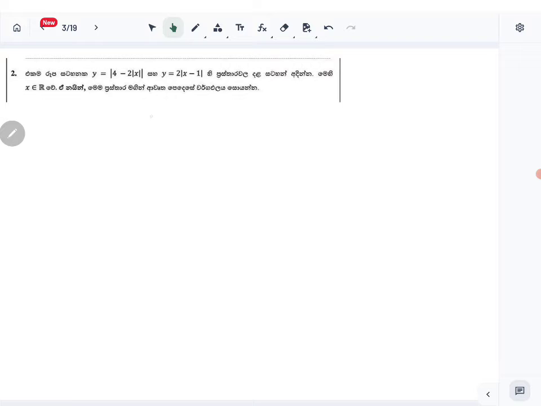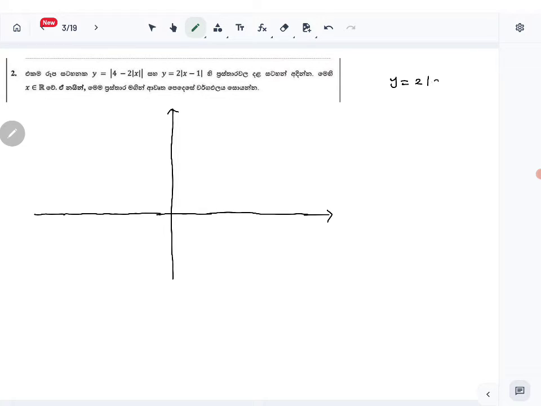Right. So we want to draw this one. You have the V-shaped graph, which is the absolute value of x graph, shifted to the right by 1 unit.